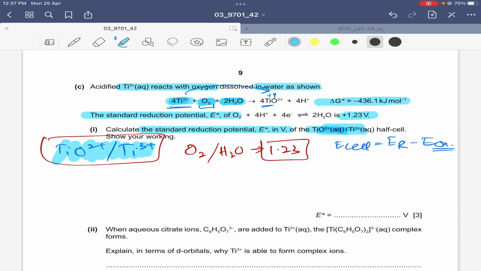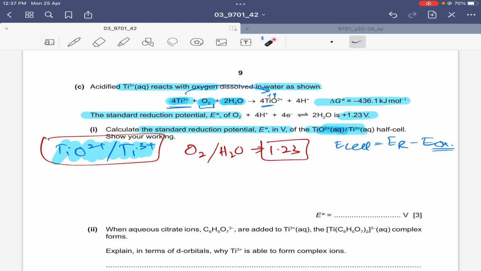They have already given us the reduction potential of the oxygen half cell, right? This is what we have, but we do not have E cell.